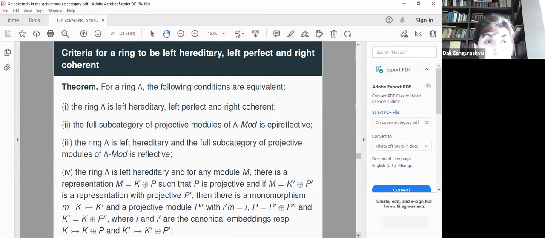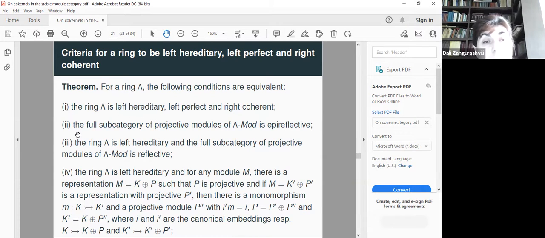Now I give several new criteria for a ring to be left hereditary, left perfect, and right coherent, using that adjoint that I just mentioned. So the theorem is the following: for an arbitrary ring lambda, the following conditions are equivalent. The first condition is that the ring is left hereditary, left perfect, and right coherent.